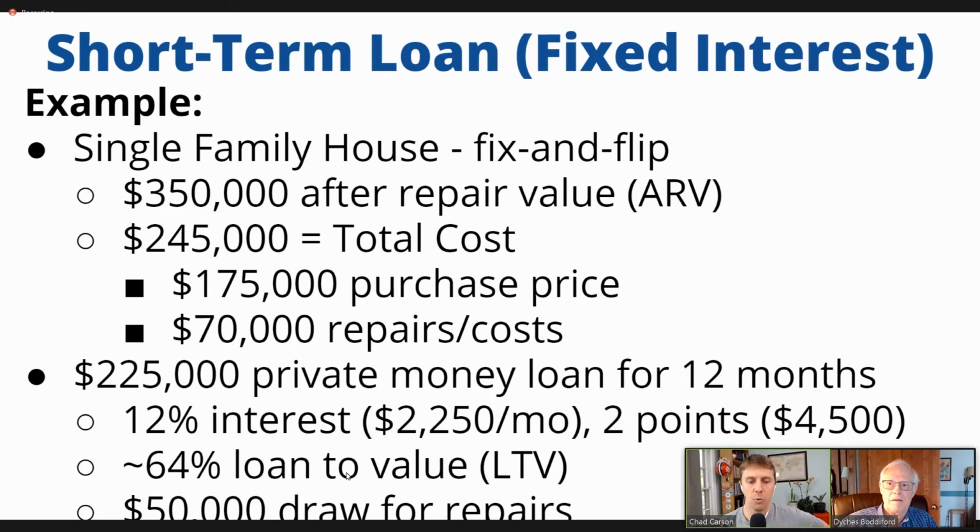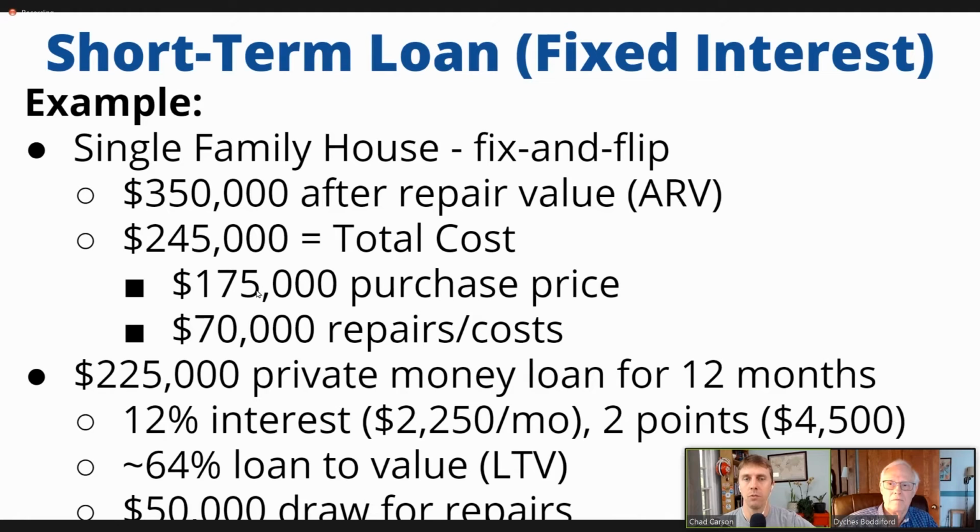So in this example, there's also a $50,000 draw for repairs. $175,000 is the purchase price. So when they go to closing, this borrower has to give the seller $175,000, but there's also an additional loan of $50,000. And what that private lender might do is say, hey, I'll loan you the $50,000 once that work is done.